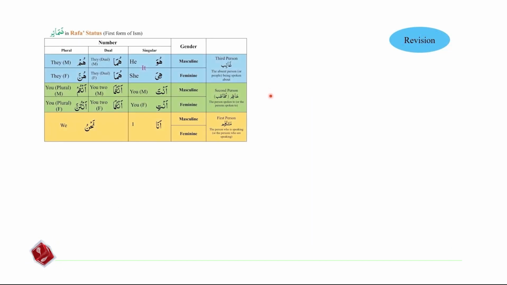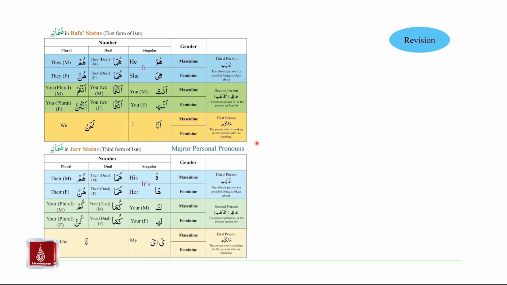We studied personal pronouns or zamair in the rafa status, or in the first form of ism, and we studied personal pronouns or zamair in the third form of ism, or in the jar status. In the rafa status, the personal pronouns are as follows: huwa, huma, hum, hiya, huma, hunna, anta, antuma, antum, anti, antuma, antunna, ana, nahnu.